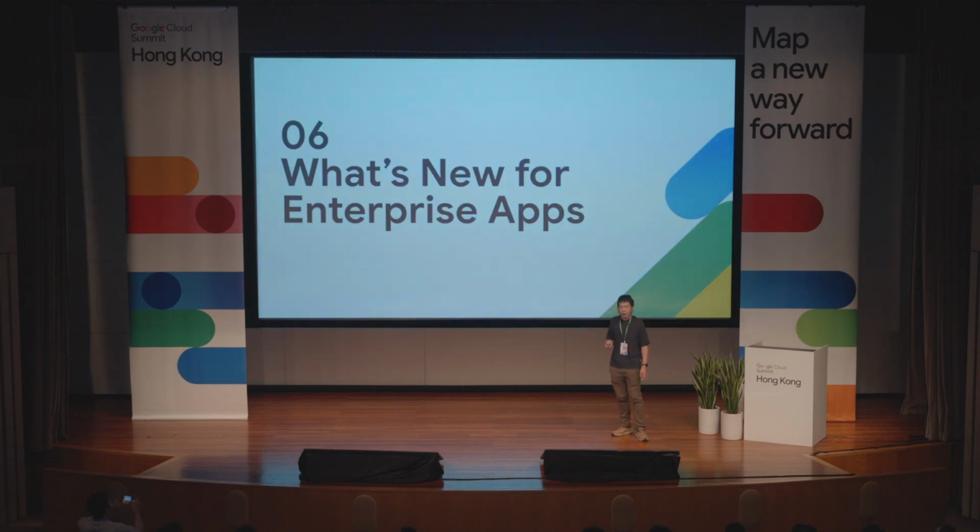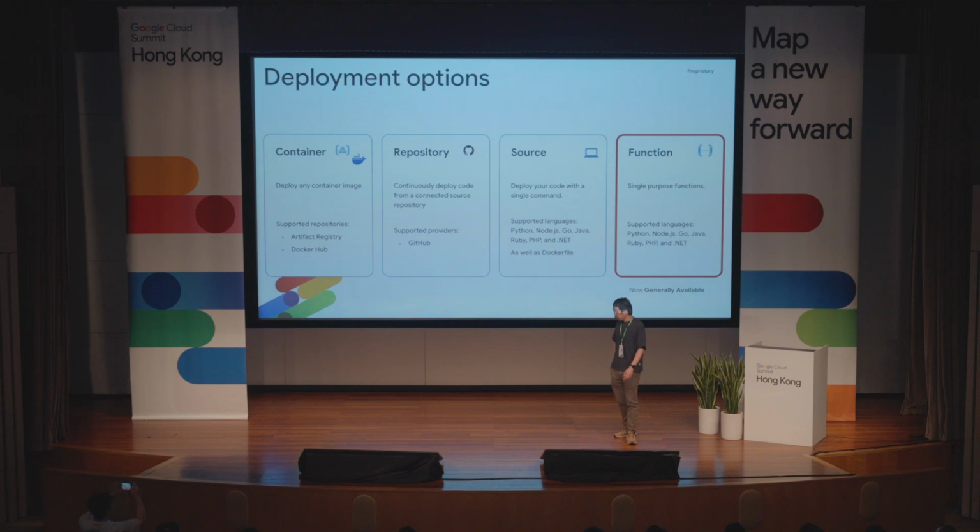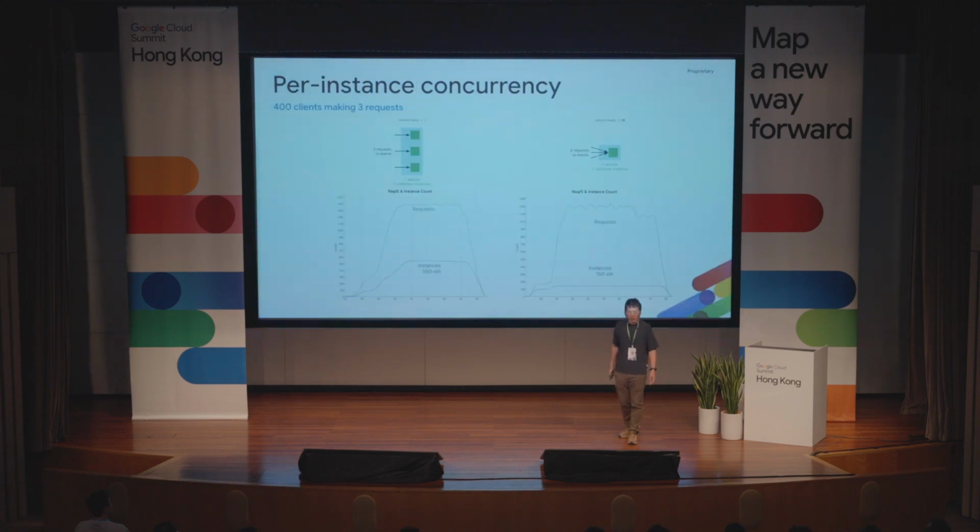And finally, what's new for enterprise apps? I've got a couple of features I want to cover here before we end the session. Cloud Functions, I believe many people have used it, but now it's called Cloud Run functions. Basically, we integrate Cloud Functions into Cloud Run as one managed service. It's already GA. What's special about Cloud Run functions versus traditional function as a service is that it supports concurrency per instance.